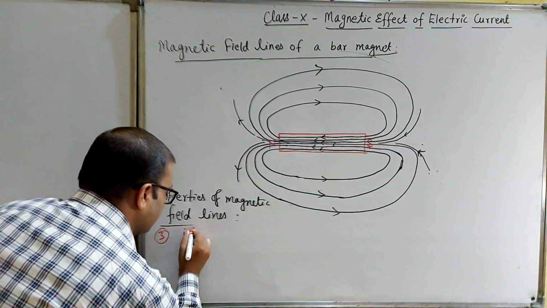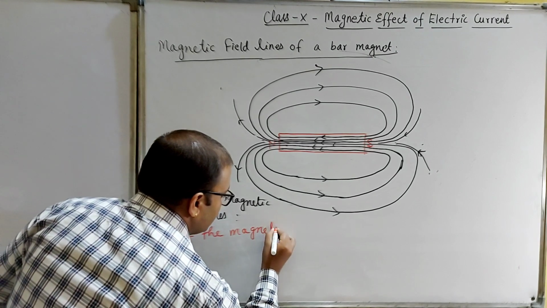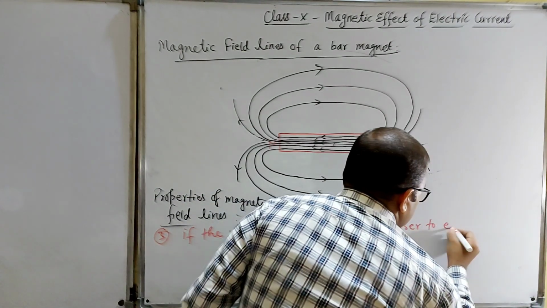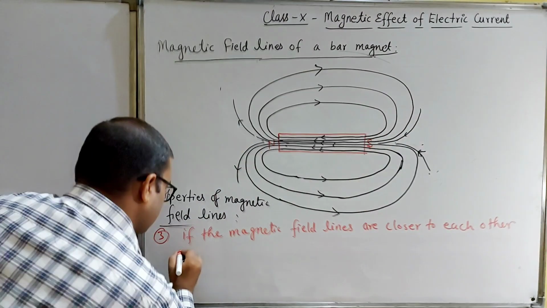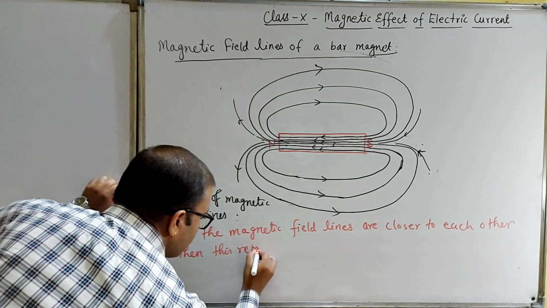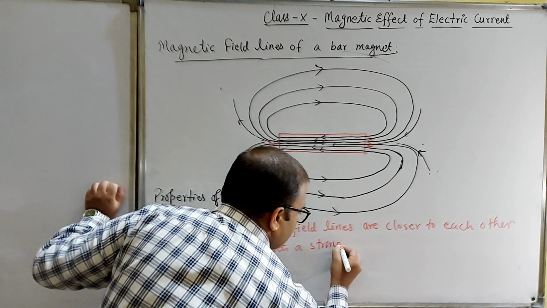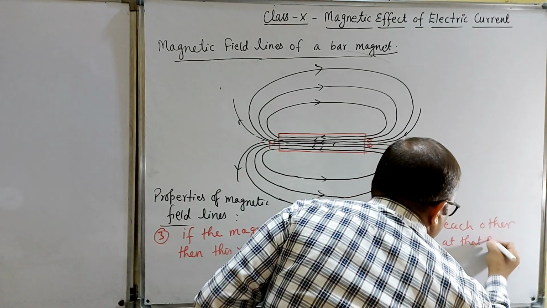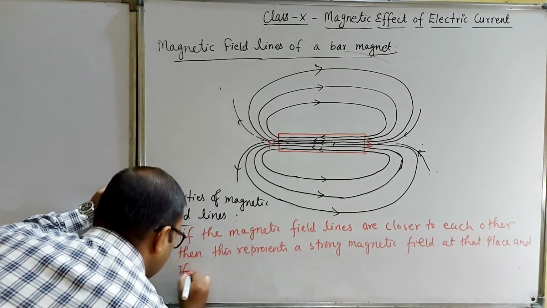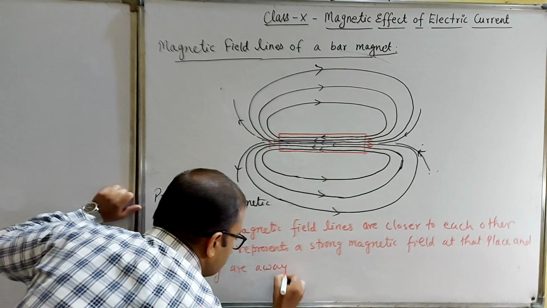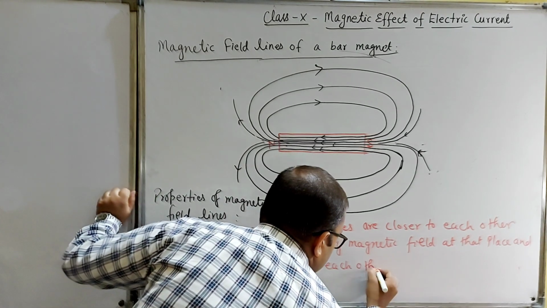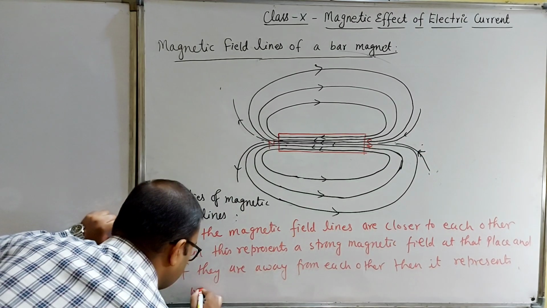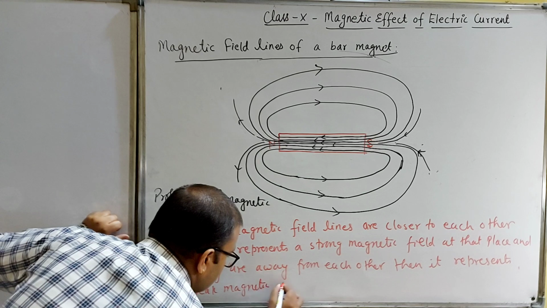You can write this as the third property: if the magnetic field lines are closer to each other, then this represents a strong magnetic field at that place, and if they are away from each other, then it represents a weak magnetic field.